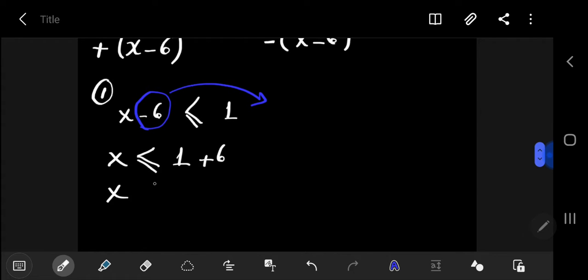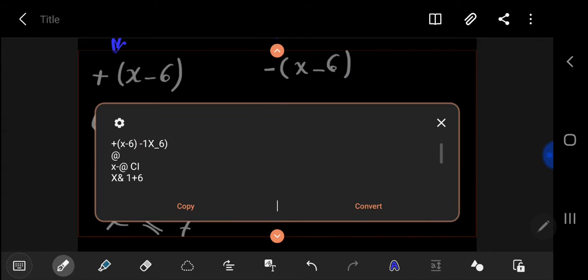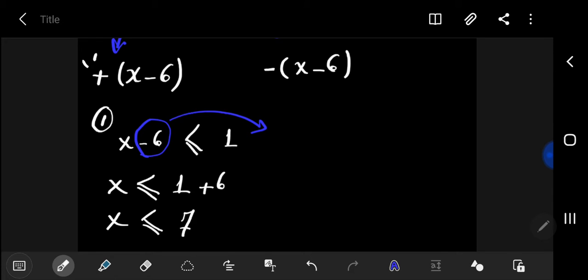That means x smaller than or equal to 7. This is the first value of x. I take it from the positive absolute value. This is the first one.